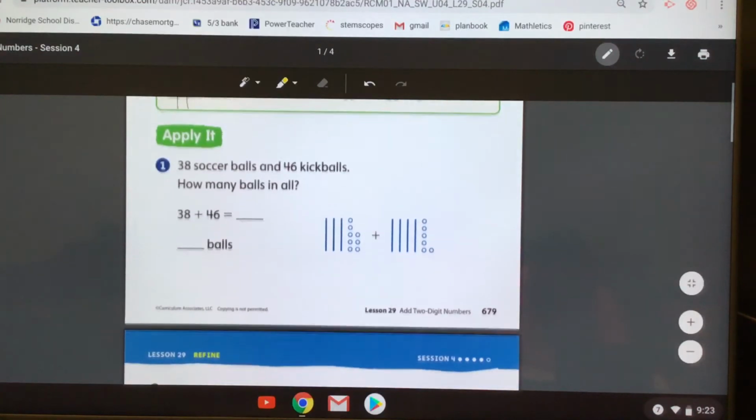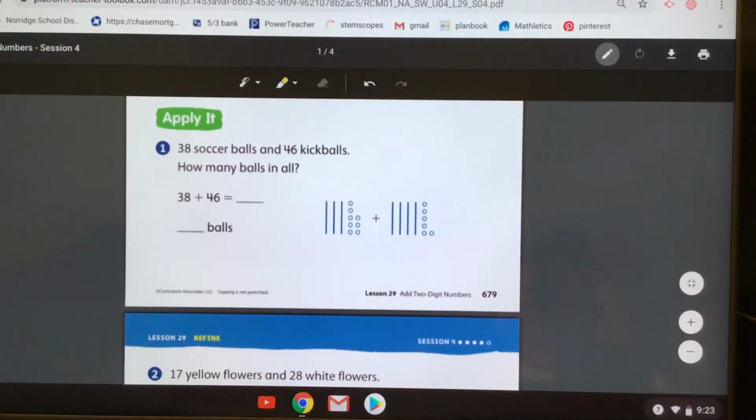Okay, so number 1. So today's lesson, we are going to be going through the different strategies that they have taught you. Number 1, 38 soccer balls and 46 kickballs. How many balls in all? Okay, so we're adding 38 plus 46. They drew our 38 here, and they drew our 46 here. Right now, all you have to do is just count these.